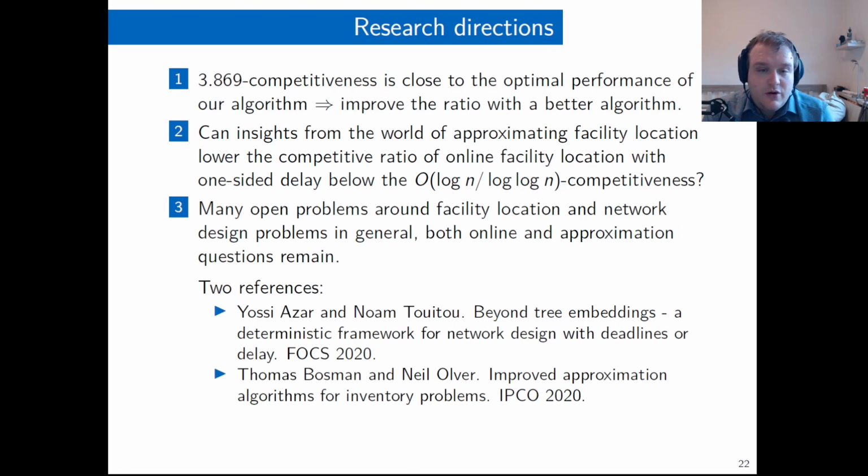Could you do O(log log n)? Could you do constant? And in fact, there are many open problems around facility location in the online world, in the approximation world over time. So I invite you to look at the two references that I've presented here, one from FOCS 2020, one from IPCO 2020, and you're going to see some open problems in there as well.